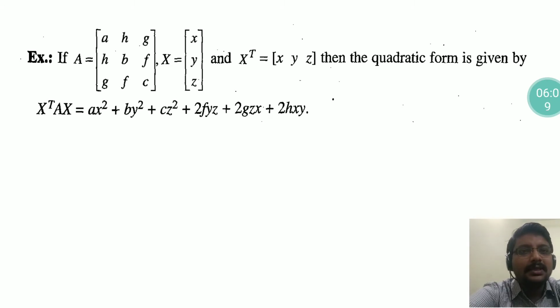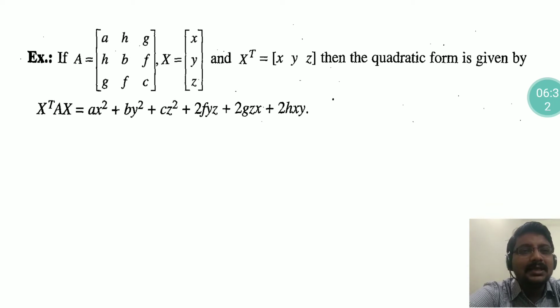Example: if A is the matrix [a h g; h b f; g f c] and X is the matrix of x, y, z, then Xᵀ is the row matrix x, y, z. Xᵀ means just interchanging column to row. Then the quadratic form is given by XᵀAX.